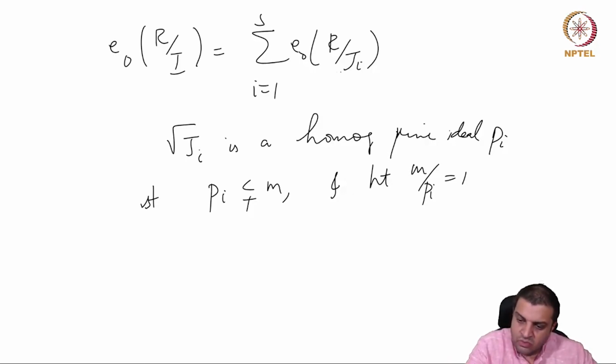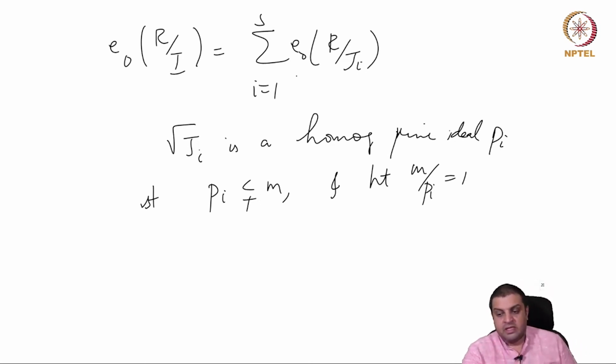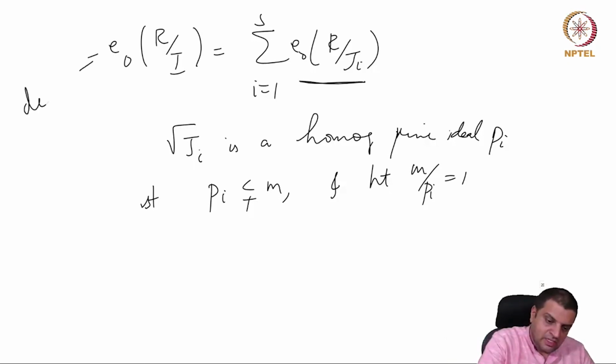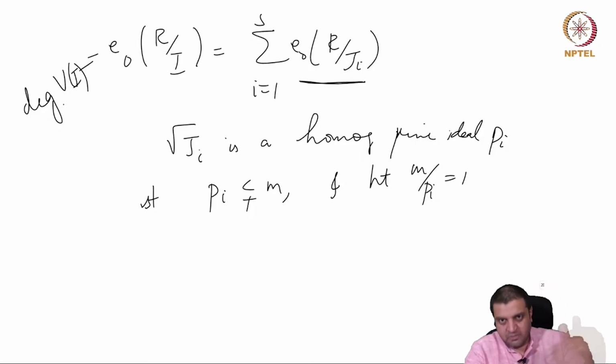This particular thing will have a multiplicity not equal to 1, and that is what we meant by saying counted with multiplicity. So these are s distinct points, but the point corresponding to the prime ideal Pi has a multiplicity, which is this number. That is what we meant by the degree: after we reduce it, the degree of V of I is the number of points counted with multiplicity.